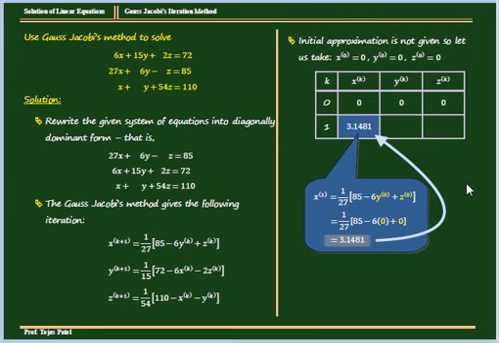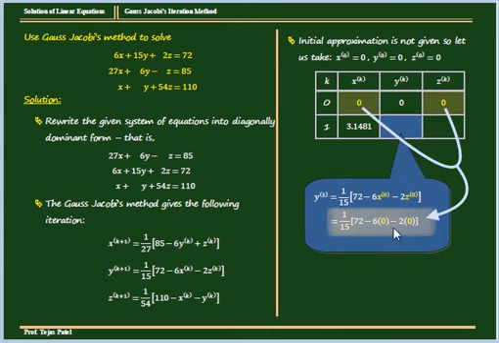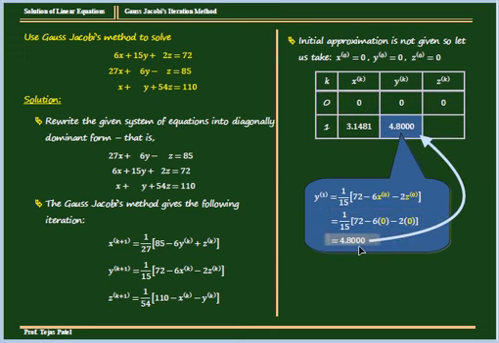Now we substitute k equal to 0 in the second equation and we'll get y1 is equal to 1 upon 15 72 minus 6 x0 minus 2 z0. We can see that x0 is 0 and z0 is 0, so substitute this value in the equation and solve this, we'll get 4.8000.